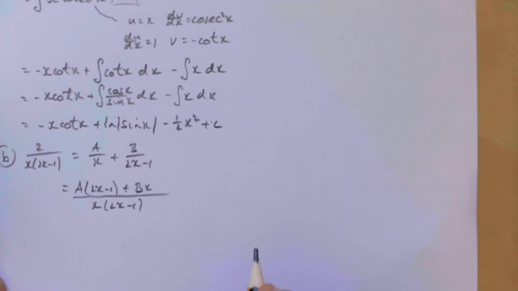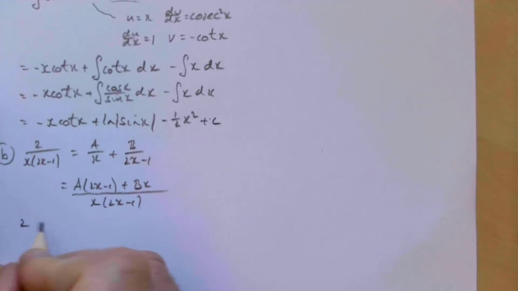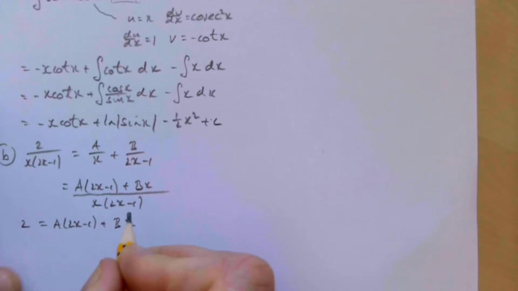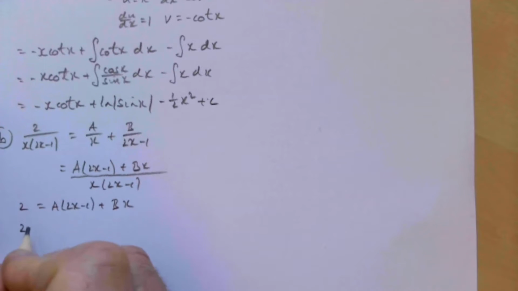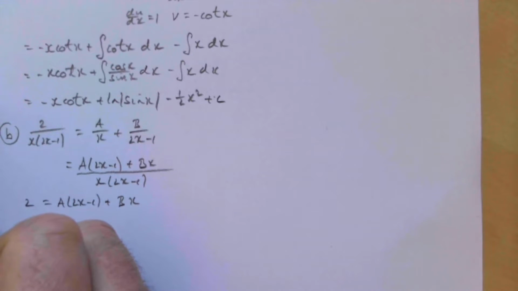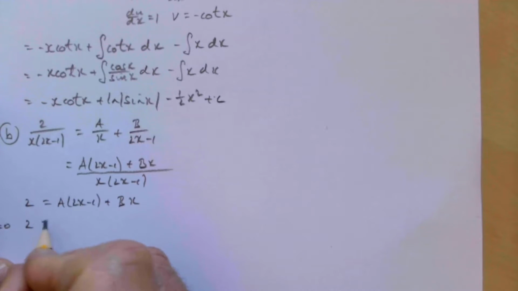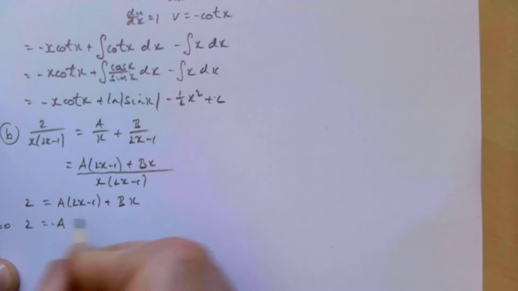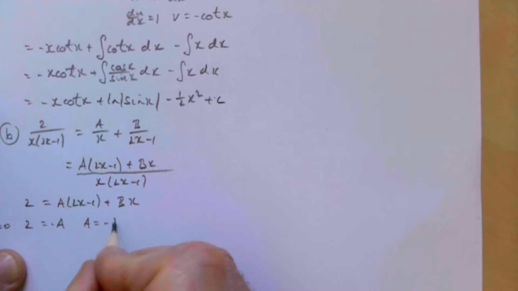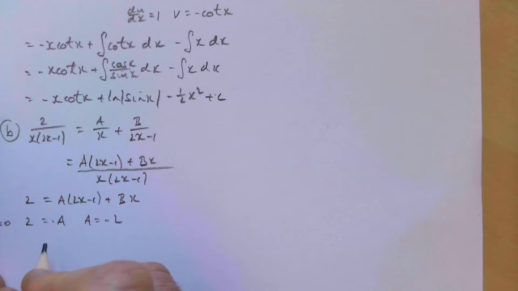I can now equate my two top lines. So 2 equals a upon 2x minus 1 plus b upon x. If I let x equal 0, that means I get 2 equals minus a. So that gives me, obviously, a is minus 2.